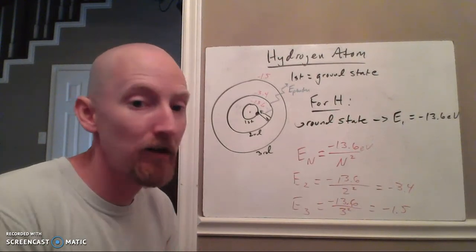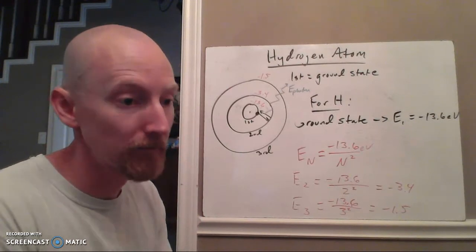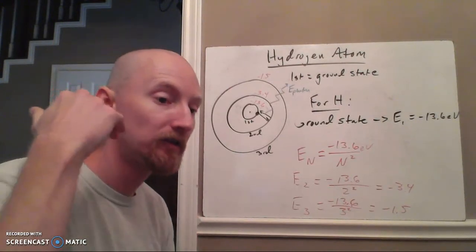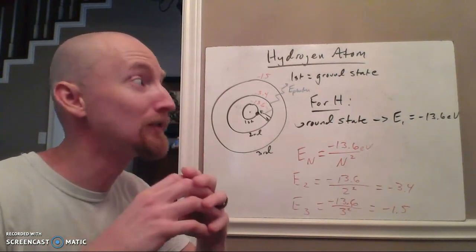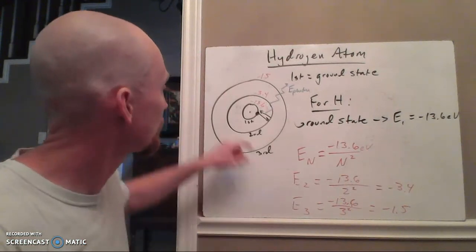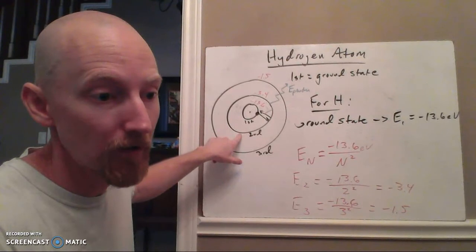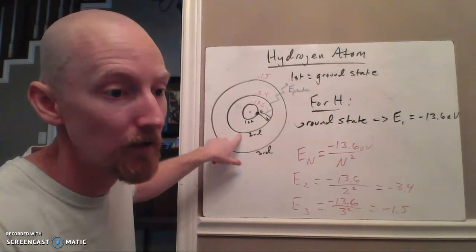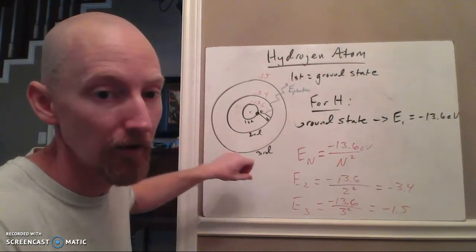If you have 999 joules and you try to jump out of the hole, you won't make it. You have to have a discrete certain amount of energy to make it out of the hole. So to get from the first to the second, you have to have a certain amount of energy to get out of that hole.